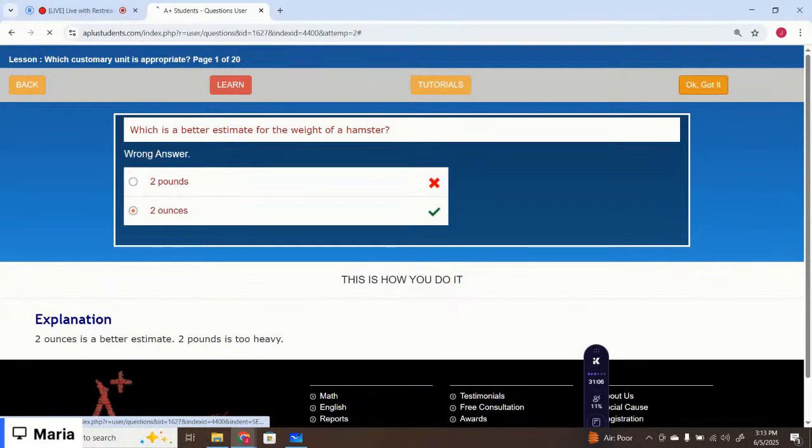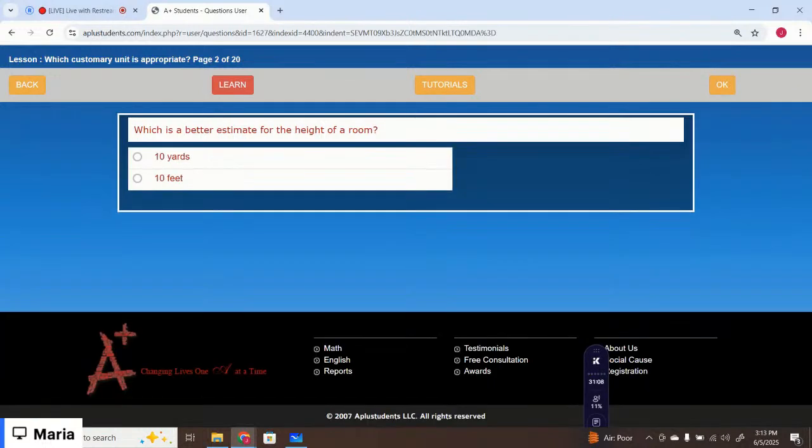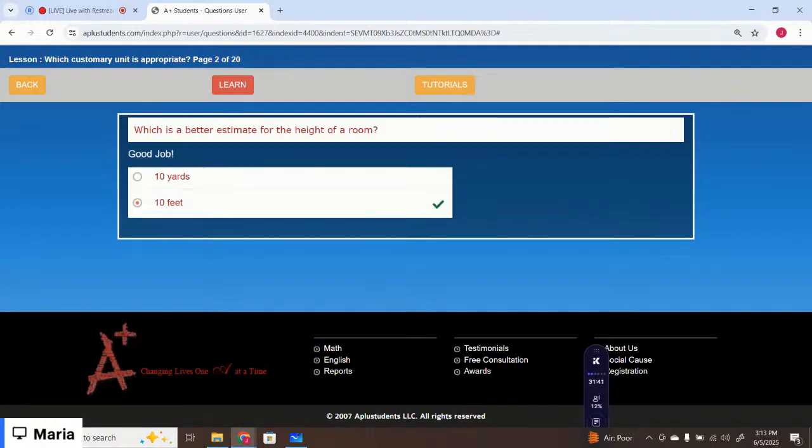Option number three is the correct. Which is the better estimate for the height of a woman? That is 10 feet. Option number two is the correct option.